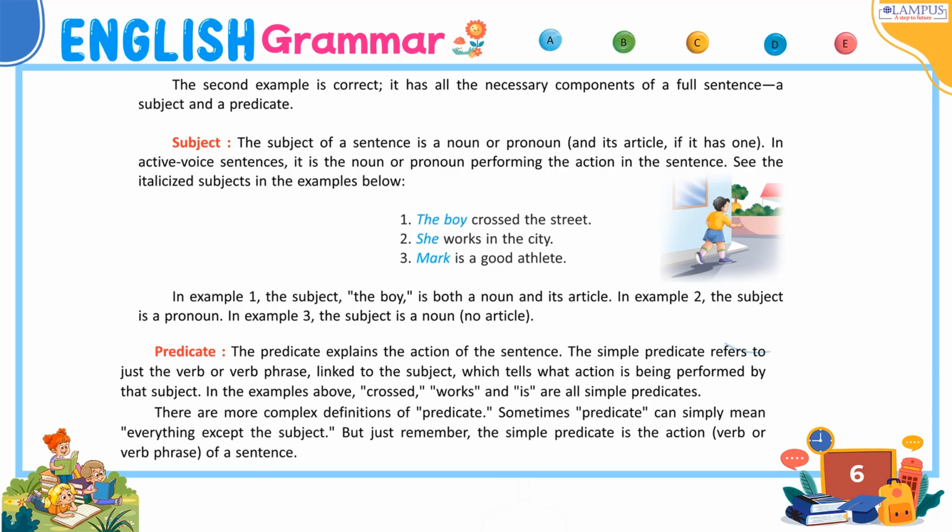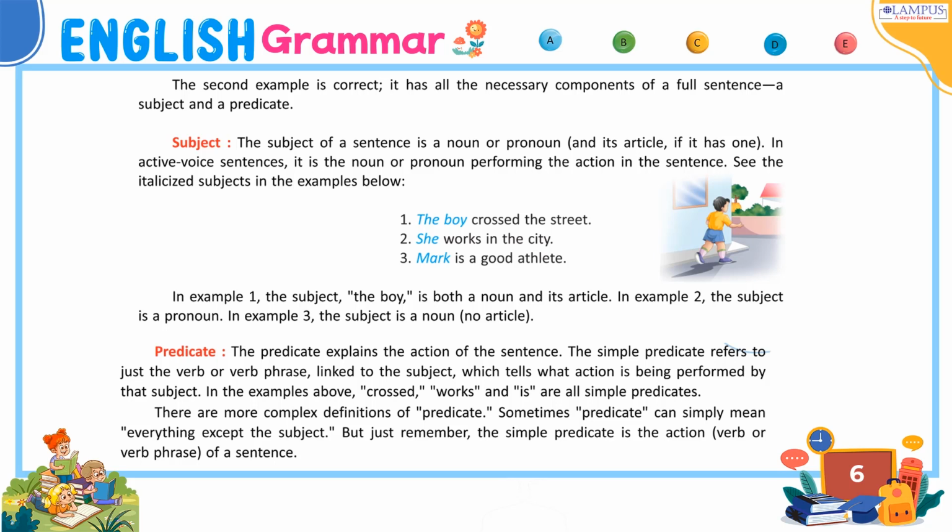Predicate. The predicate explains the action of the sentence. The simple predicate refers to just the verb or verb phrase, linked to the subject, which tells what action is being performed by that subject. In the examples above, crossed, works, and is are all simple predicates. There are more complex definitions of predicate.